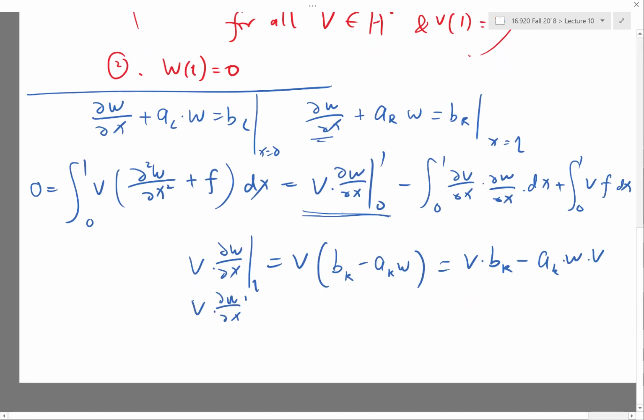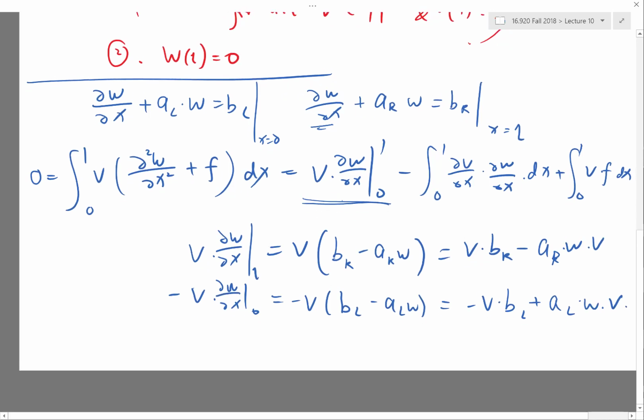Similarly, dw/dx at 0 is equal to BL minus AL times w. So we ended up having both a modified linear form and a bilinear form.